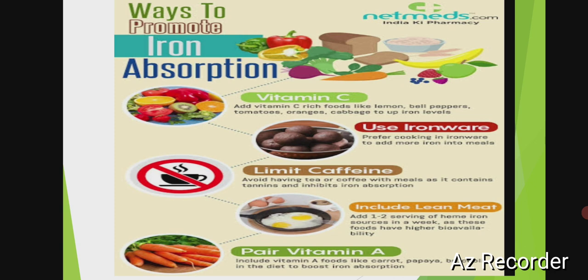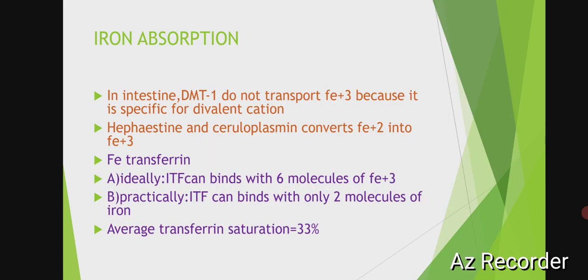Limit the caffeine, avoid having tea or coffee. Include lean meat. If the patient is non-vegetarian, then you can advise the patient to take lean meat and pair vitamin A. Include vitamin A foods like carrot, papaya, broccoli in the diet to boost the iron absorption.